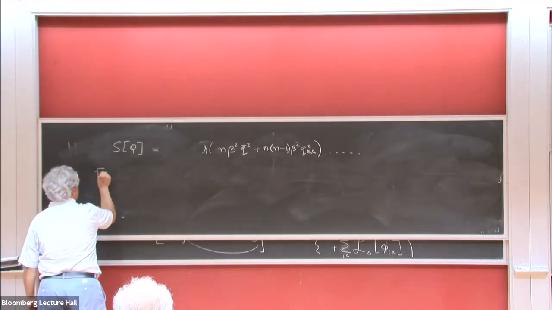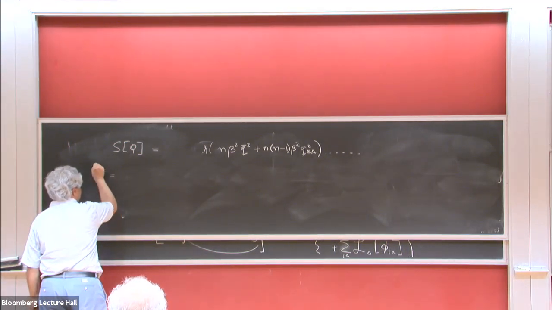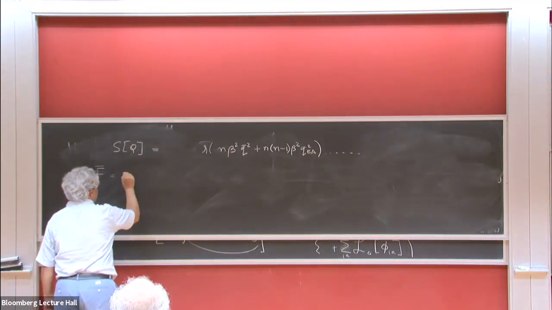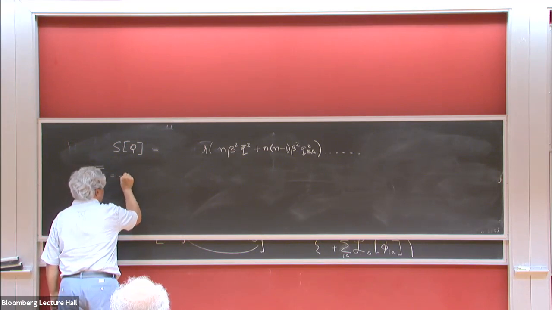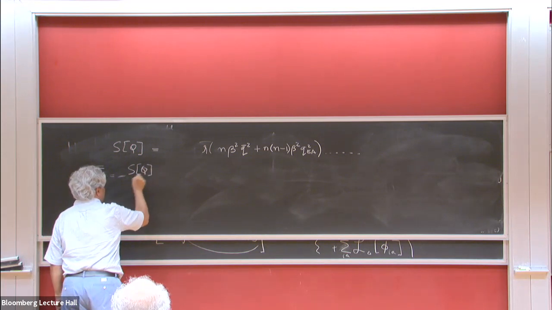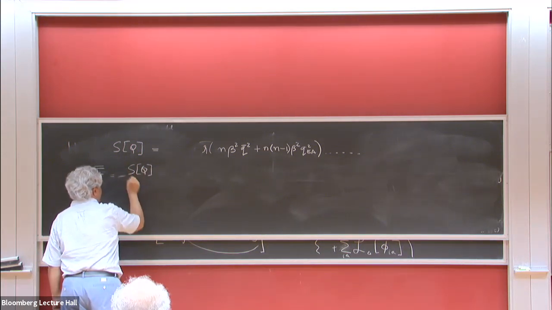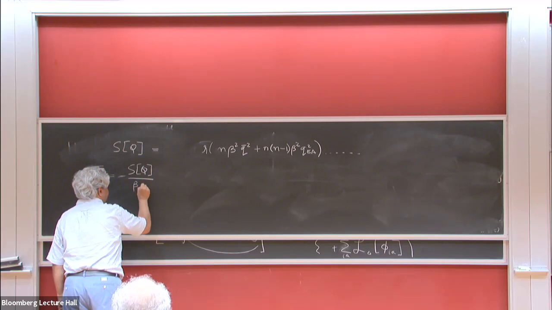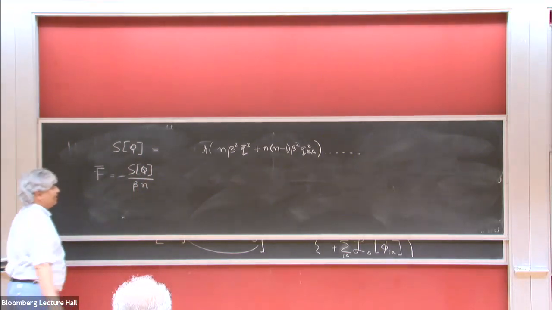The free energy that we're interested in of the physical system, so the average free energy, is the action times 1 over beta, and then per replica, which is n.